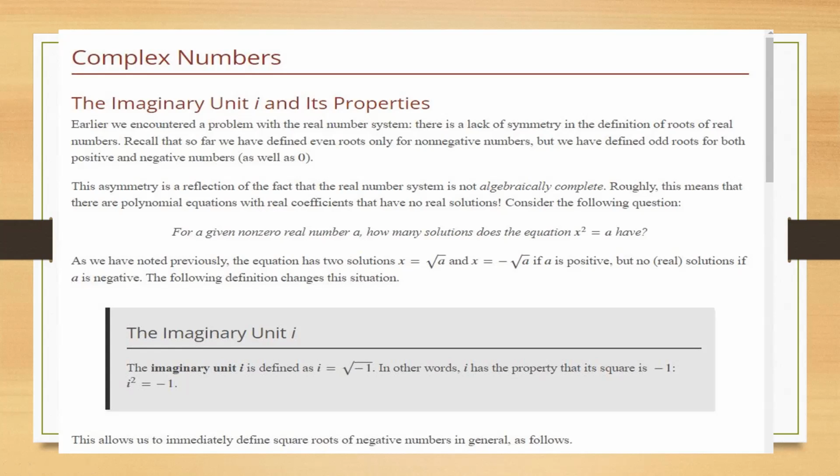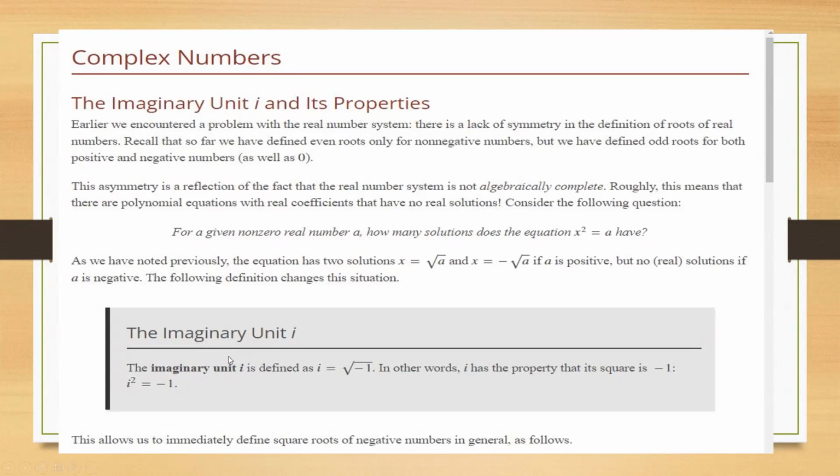So mainly what we will master is that if x is equal to the square root of a, and x is equal to the negative square root of a, that's given that a is positive, but no real solutions if a is negative, okay? So that's how we've previously been discussing.